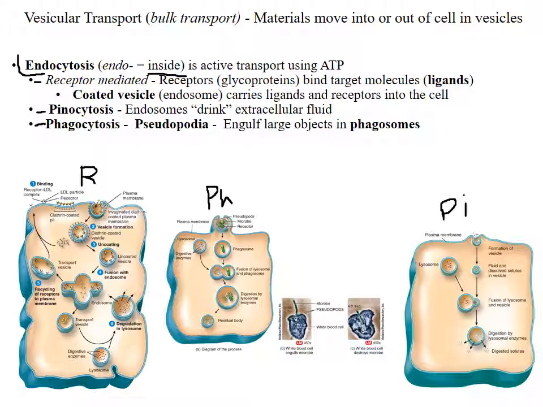So with receptor-mediated endocytosis, what you want to pay attention to are these receptors that are on the outside of the cell membrane. The way that this works is that molecules will come and they will bind to these receptors, and these receptors will then be folded into the cell into a vesicle, and they will end up inside of that vesicle with the molecules that were attached to them on the outside.